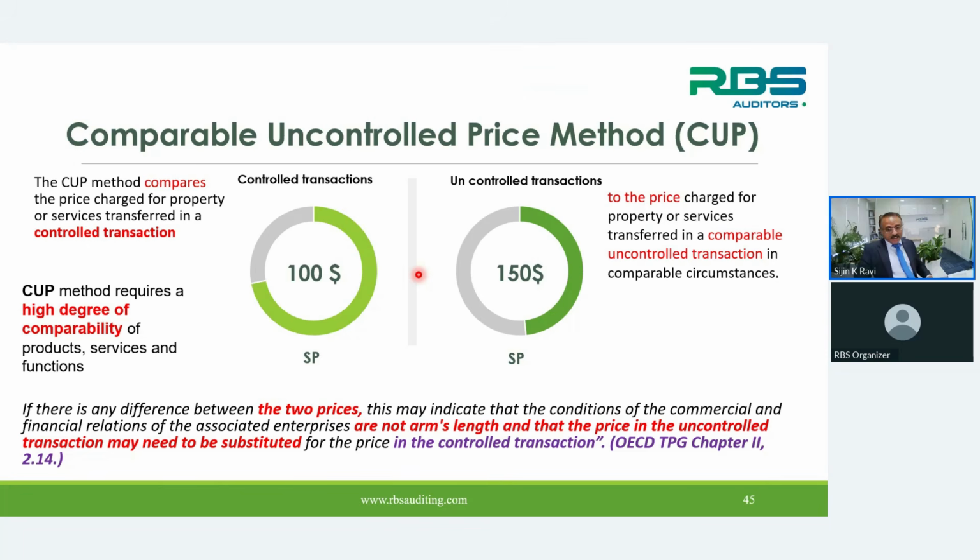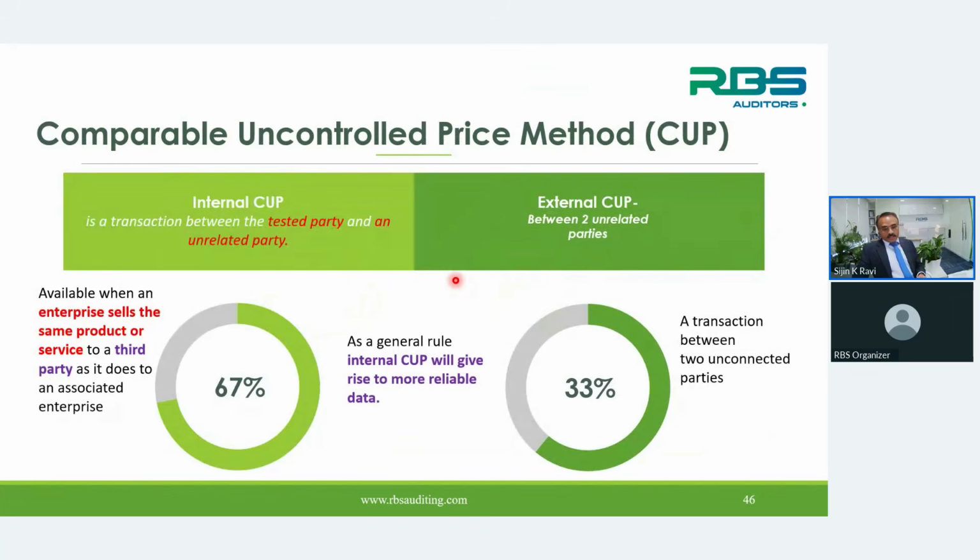If you see the OECD guidelines, chapter 2, 2.14, it specifically says that if there are two prices, like a selling price of $100 and another selling price of $150, and the associated enterprises are not at arm's length, the price of the uncontrolled transaction may need to be substituted for the controlled transaction price. So the controlled transaction, which is 100, will automatically be priced at 150, and you arrive at the profitability of that business.